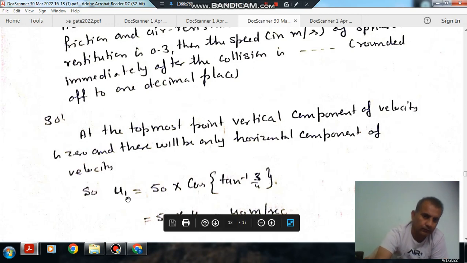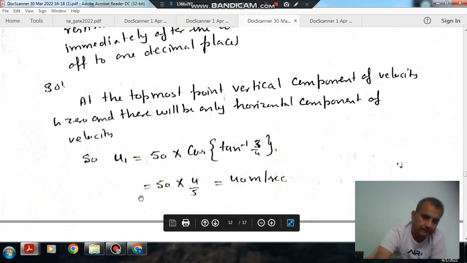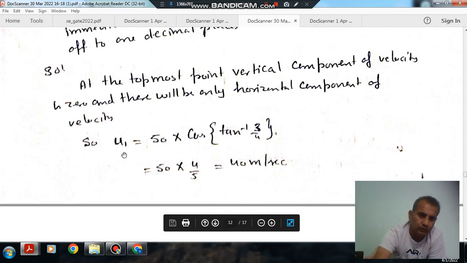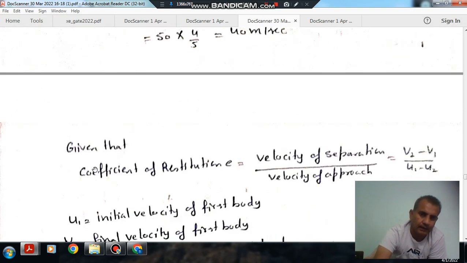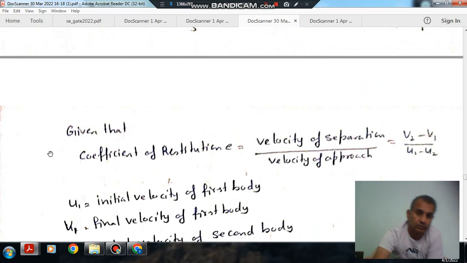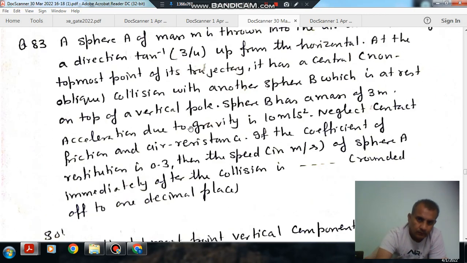So the horizontal velocity u1 is 50 into 4 by 5, so that is 40. So the horizontal component of velocity at the topmost point is 40 meter per second. It is given that the coefficient of restitution is 0.3.